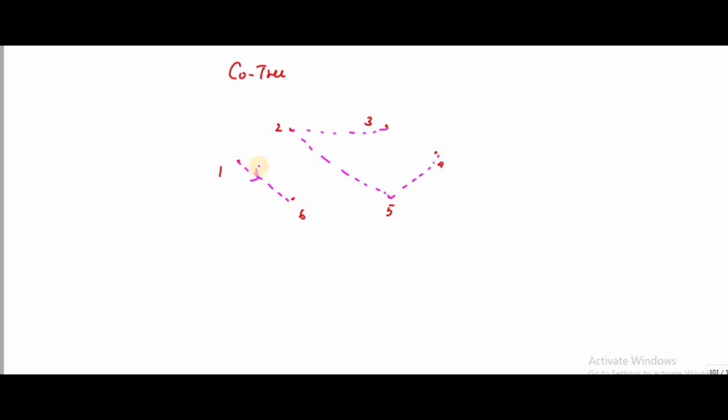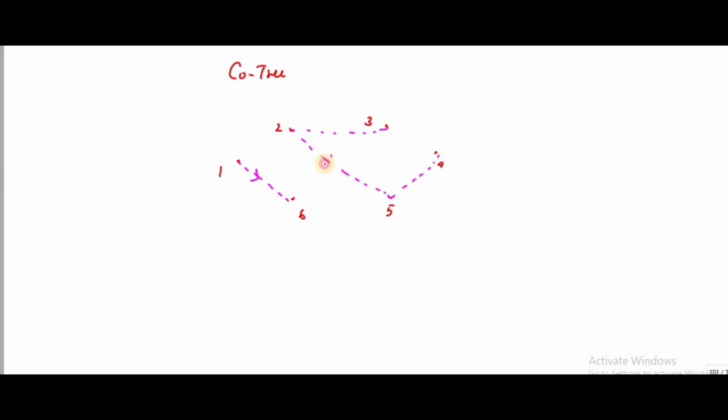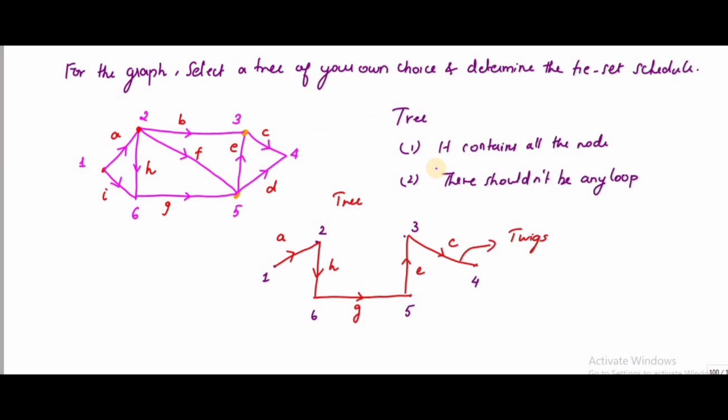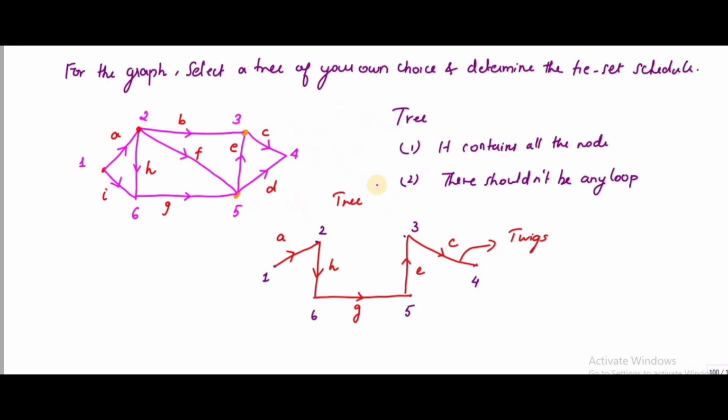So now this is a co-tree: B, D, F, and this is 5, 4.